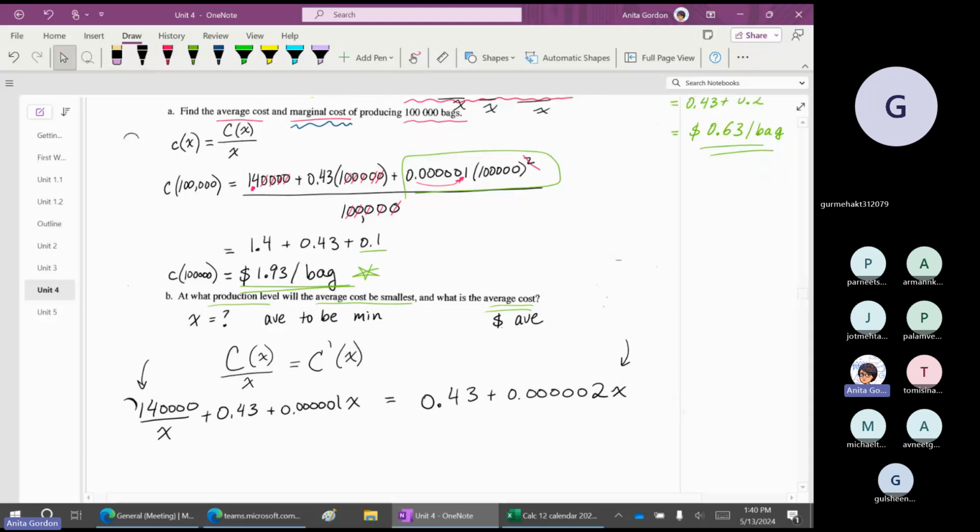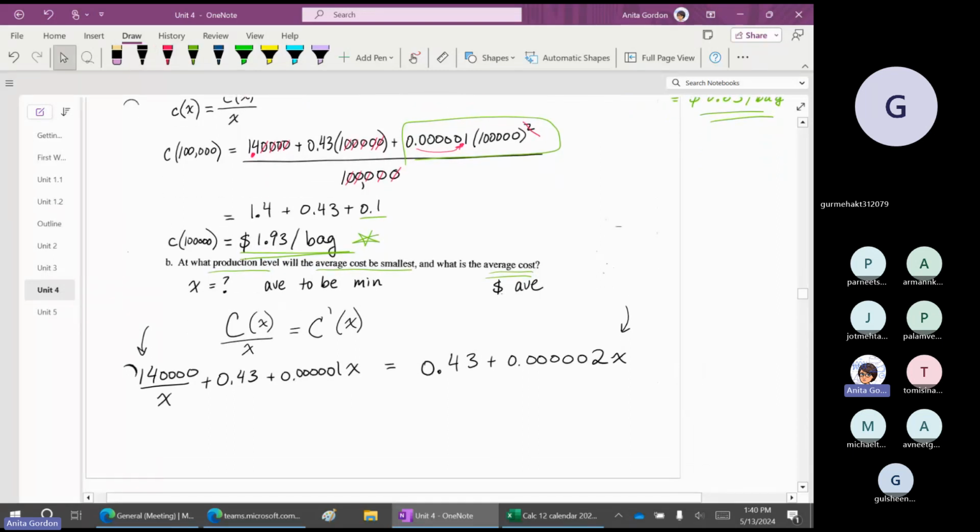So ugly numbers, but essentially I have a linear function, soon to be a quadratic function. Why will it be a quadratic? There's an x in the denominator. I don't like working with denominators, so I'm going to multiply everything by x.